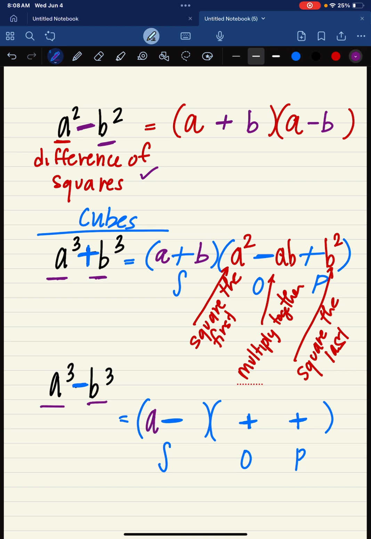A. What cubed gives me b cubed? B. Okay, here's the first. I'm going to square it. Here's the last. I'm going to square it. And I'm going to multiply these two together. But I don't worry about the signs because remember I did the signs in the beginning. So I'm just going to say a times b. Now those are the rules.